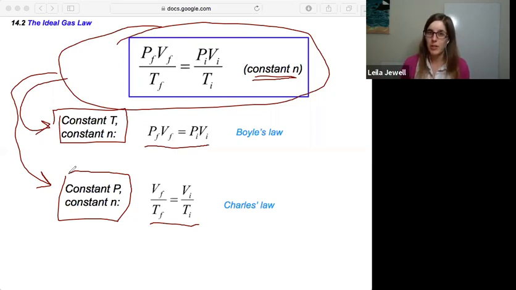If a problem mentions that the process is done at constant temperature or constant pressure, that's a clue that something's going on here. Or if it doesn't mention any gas being added or removed, that's a clue that most likely the amount of gas is constant. All right, so this all introduces the ideal gas law.